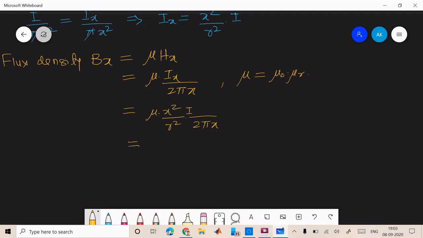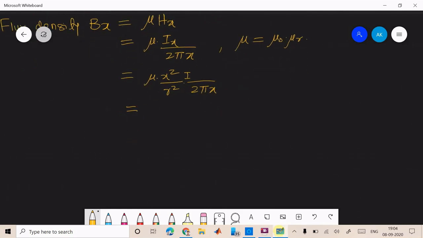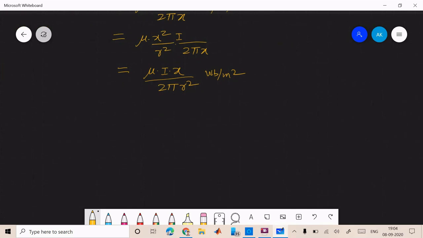So your final expression of Bx is mu times I x over 2 pi r square Weber per meter square. What is Bx? Bx is your flux density.